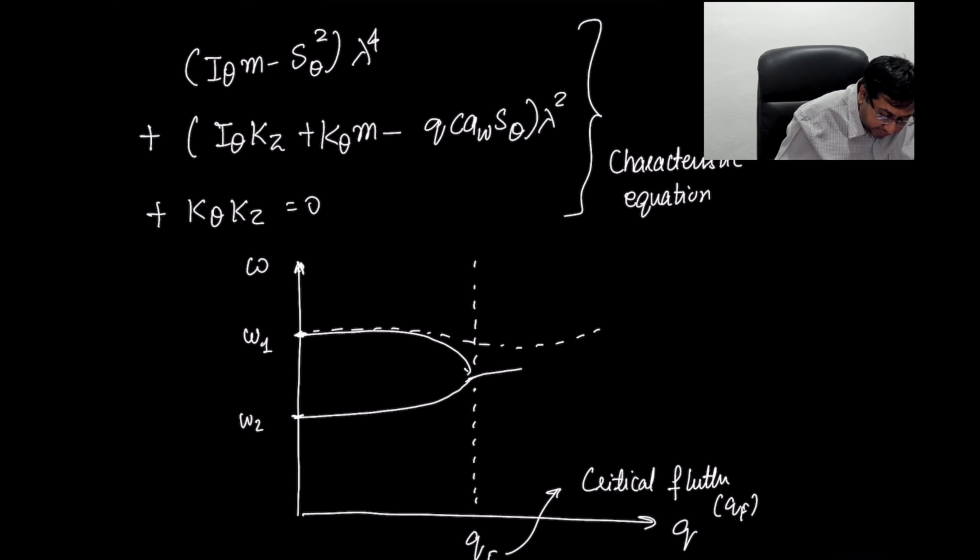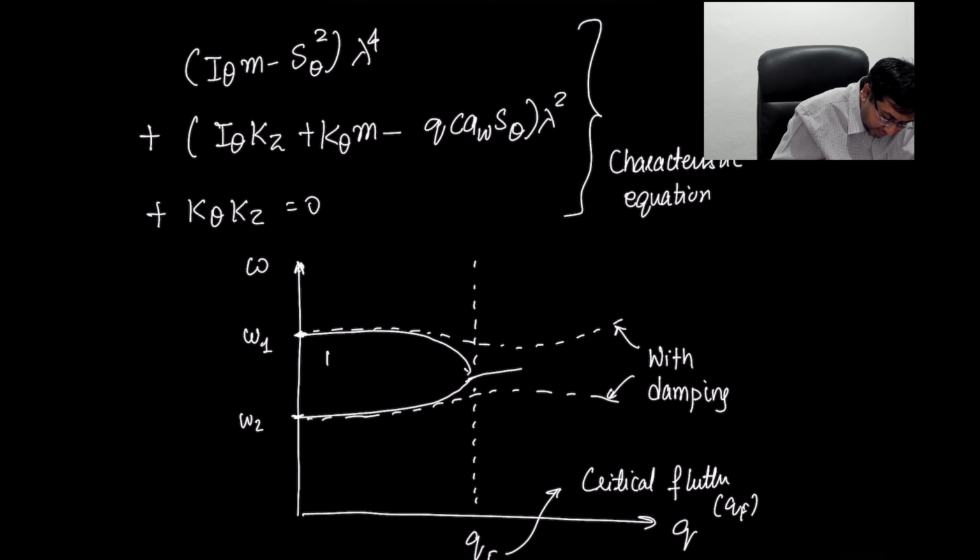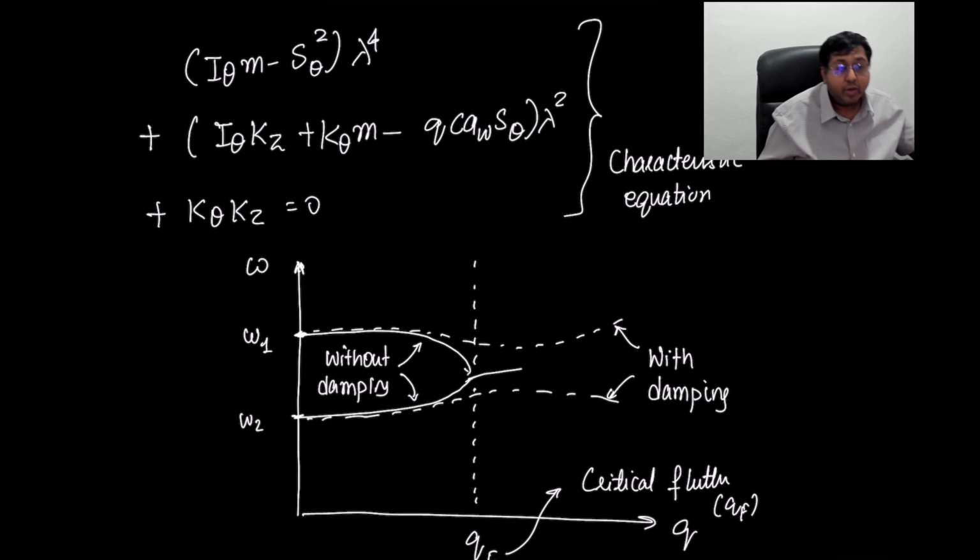So this is with damping, and this is without damping. Right? So with and without damping, basically that's how the system would behave.